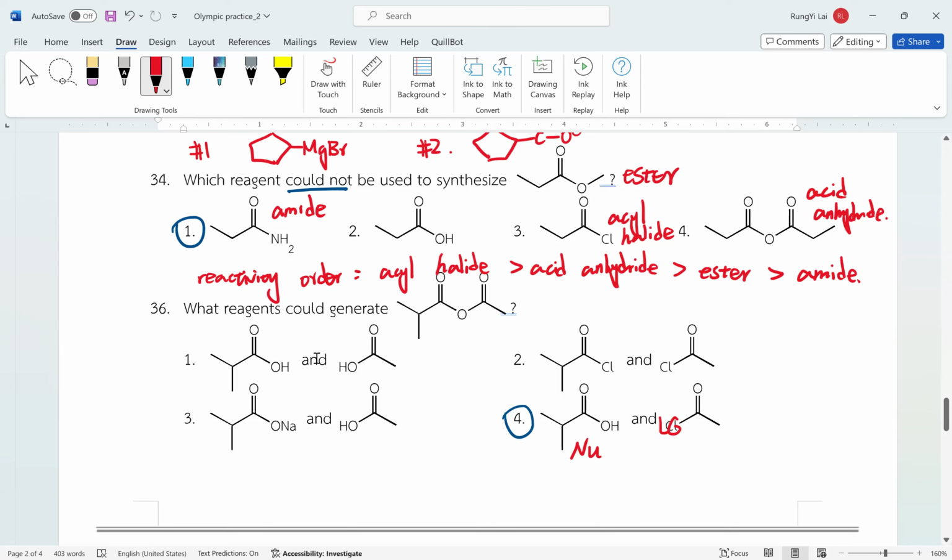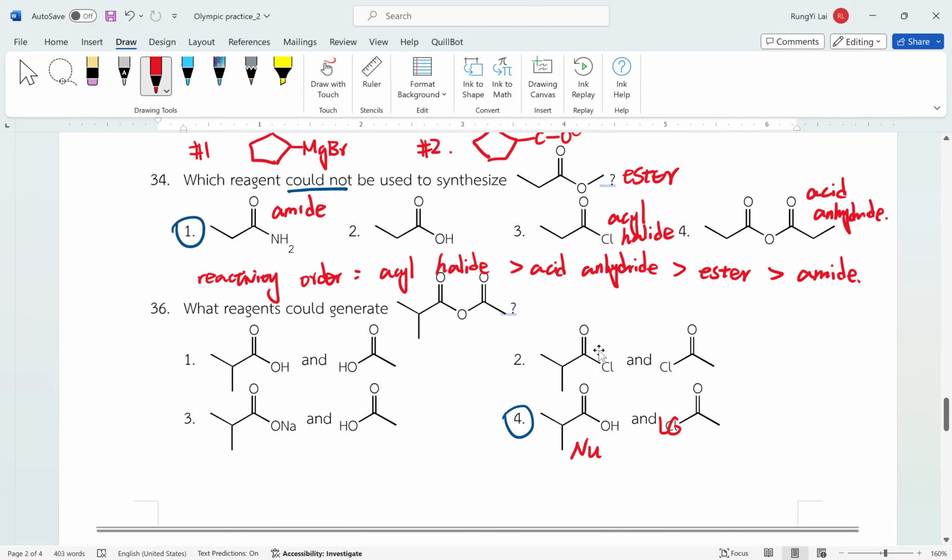The first option, you can mix these compounds, but it's not the best, because these two are different acids, so this one can also react with itself, and this one also can react with itself. So you will get 3 different products. Because the answer you want to get is an asymmetric acid anhydride, you should activate one and then use another one to react. That would be the base.